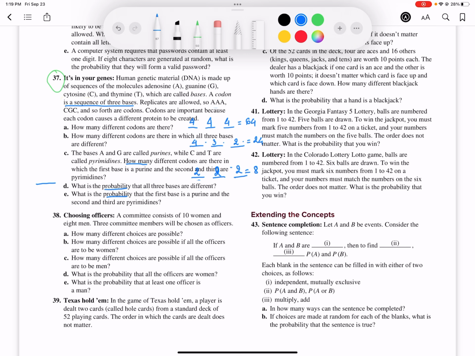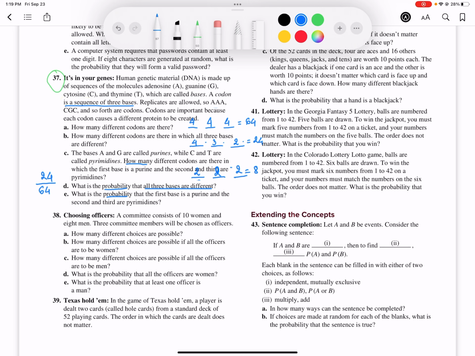So the total number of codons that we have is 64. This is from part A. And we find the probability that all 3 bases are different. That will be in part B. We know that the number of codons with different bases is 24. So 24 out of 64.